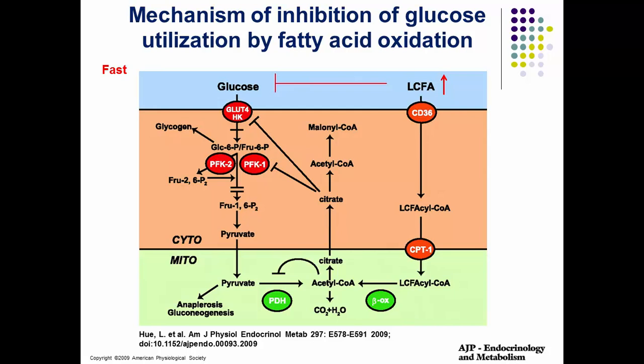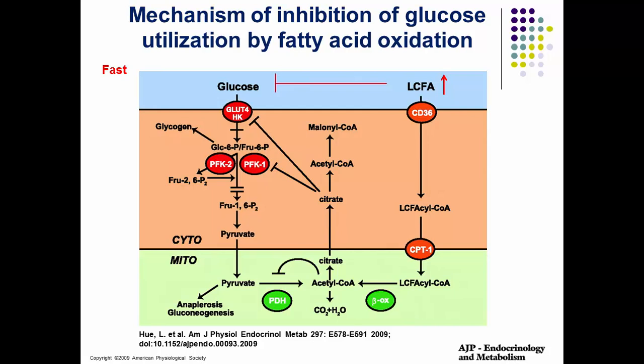And let's look at the glucose utilization pathway. Glucose can be picked up by GLUT4 in the skeletal muscle and transported into the cells, then phosphorylated to glucose 6-phosphate and converted to pyruvate, right?